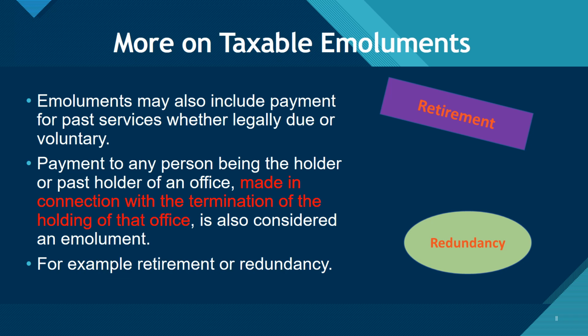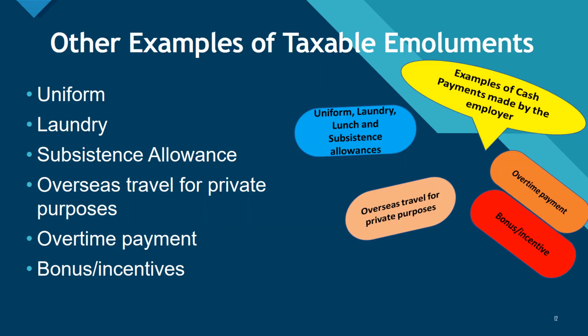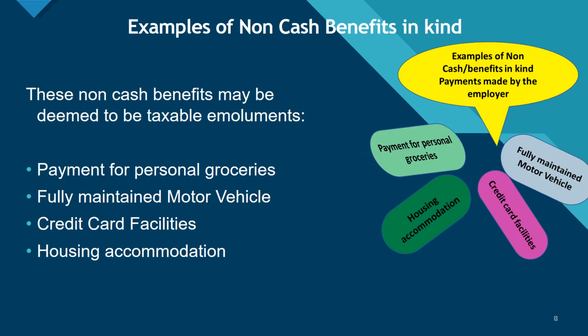Payment to any person being the holder or past holder of an office, made in connection with the termination of the holding of that office, is also considered an emolument. For example, retirement or redundancy. Other examples of taxable emoluments: uniform, laundry, subsistence allowance, overseas travel for private purposes, overtime payment, bonus forward/incentives, non-cash benefits in kind.